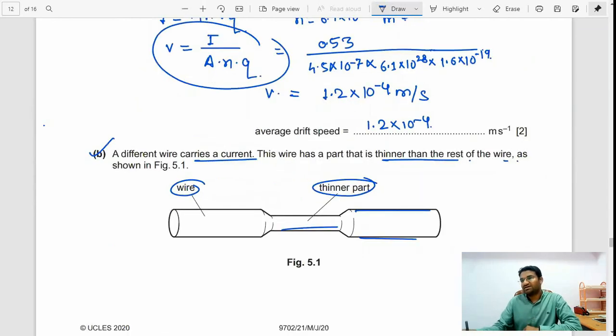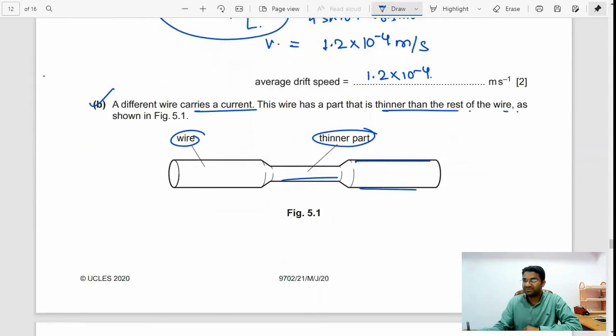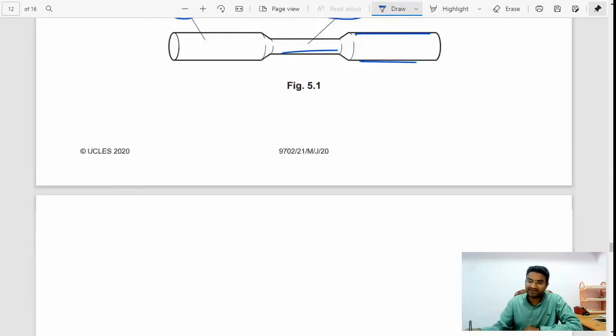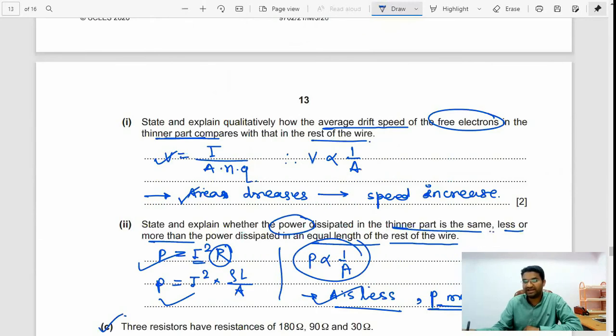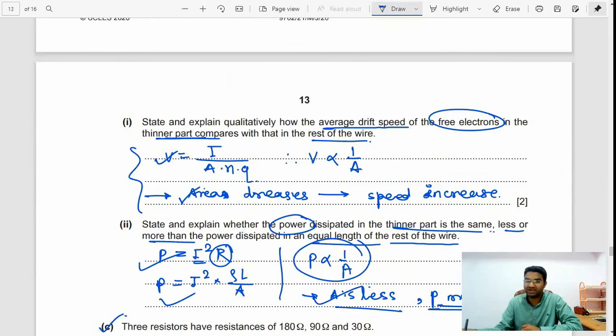Then a different wire carries the current, the thinner part of the wire. Next, we stated and explained the relation between the drift speed and the area.